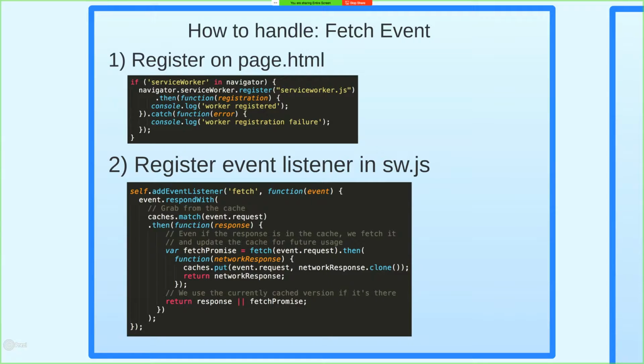Once they are inside the service worker, you have to listen for a fetch event and then grab that. If you grab that event and decide to respond with something, you have to give it a promise. And in the end of that promise, you're going to be returning what either looks like the request itself or a promise of that fetch.